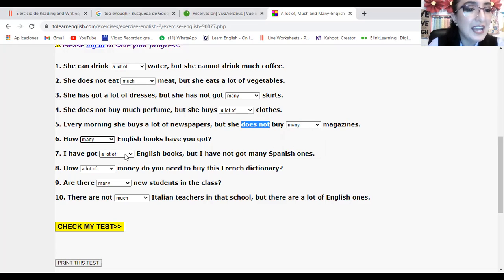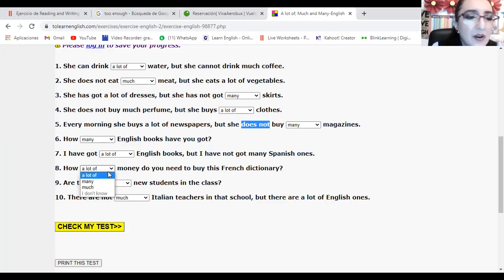Number 7, I have got a lot of English books, but I have not got many Spanish shoes. What do you think? I have got a lot of books. That's cool. But I have not got many Spanish shoes. Cool.